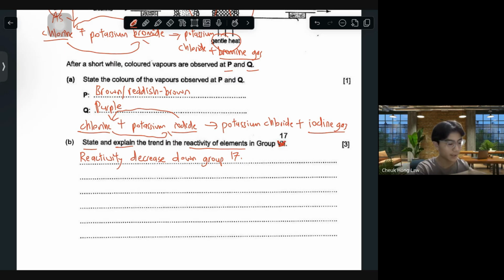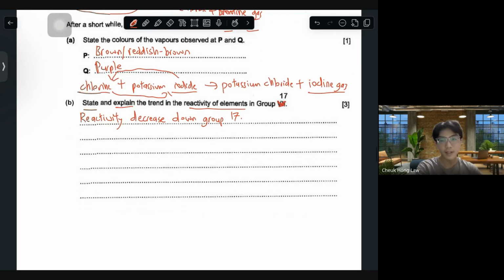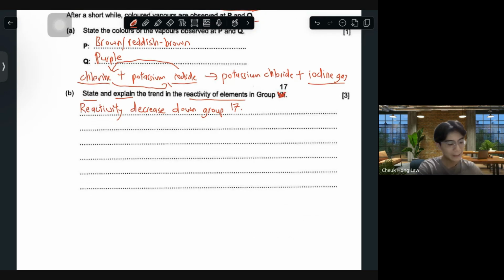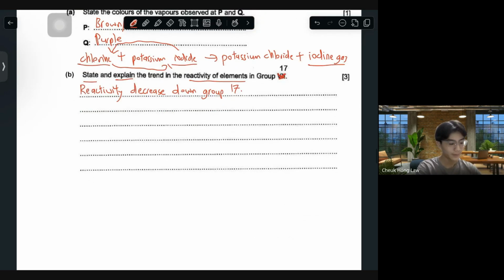Then how do I explain? First, we need to understand what it means for group 17 elements to react. They react by gaining 1 electron to achieve the stable electronic configuration, to achieve the negative ion of -1, right?